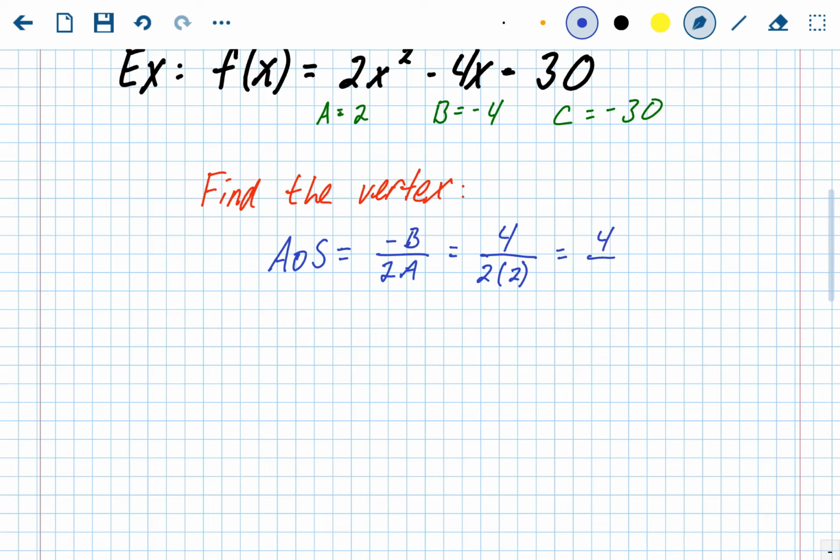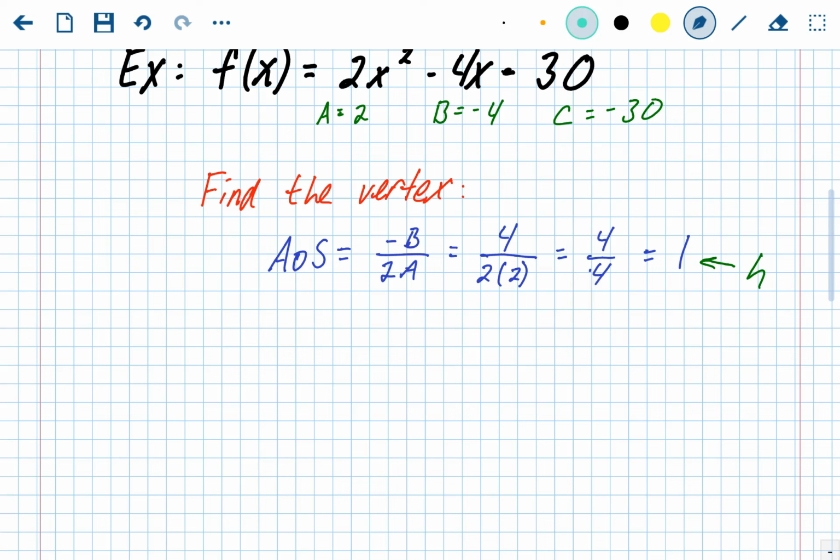So our axis of symmetry is x equals 1. But also remember, in vertex form, that is your h value.